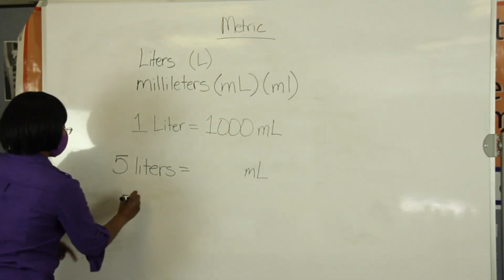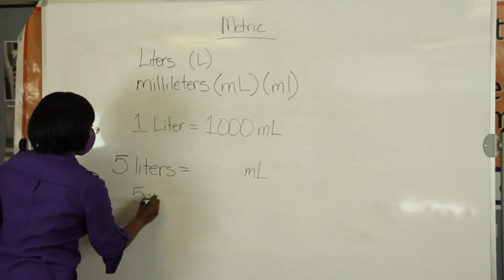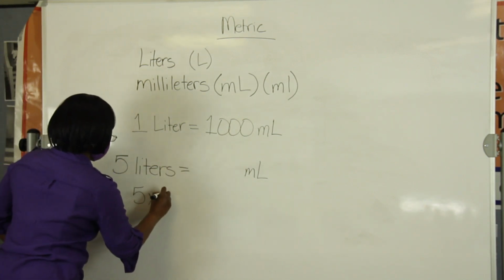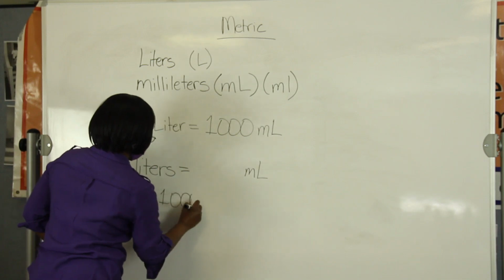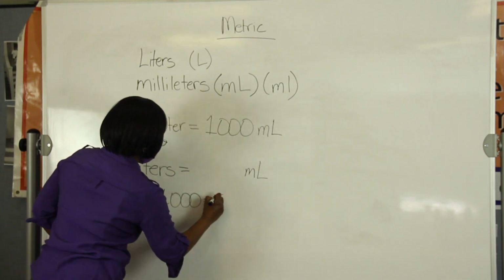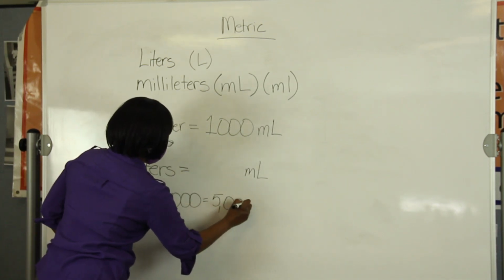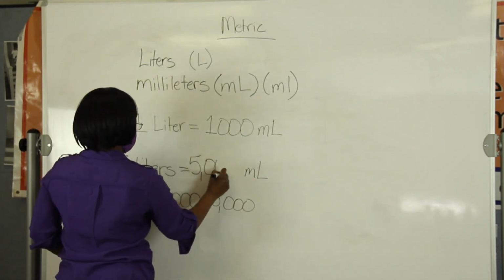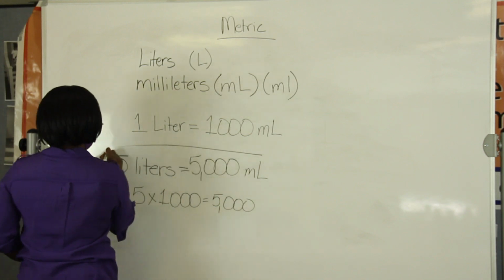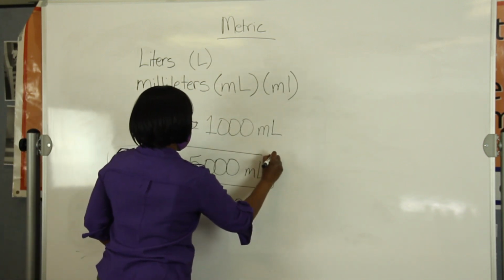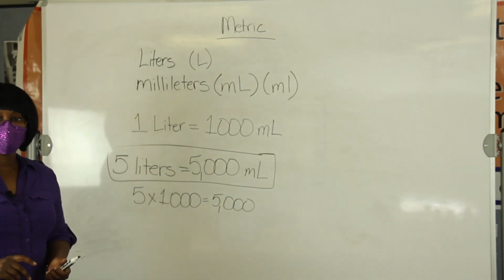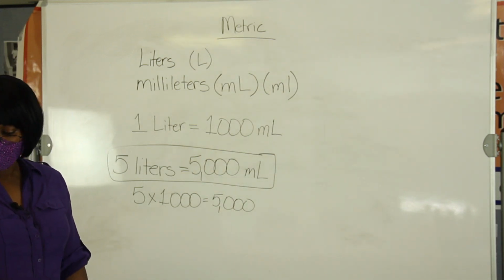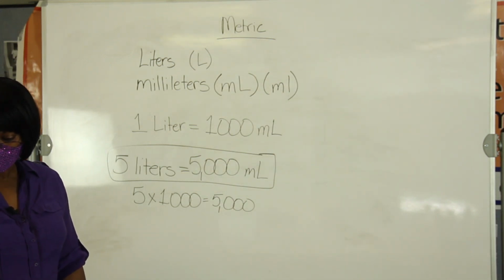So you would do 5 times 1,000, which will equal 5,000. So our answer is 5,000 milliliters. So now you know how to convert using the metric system.